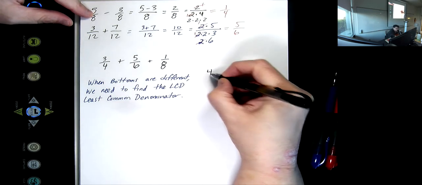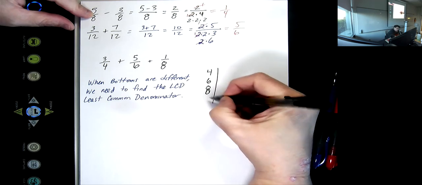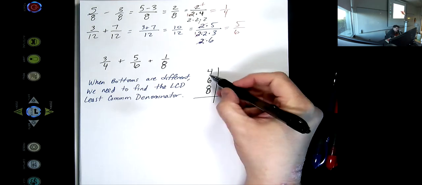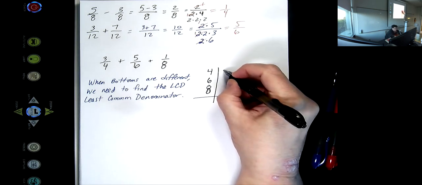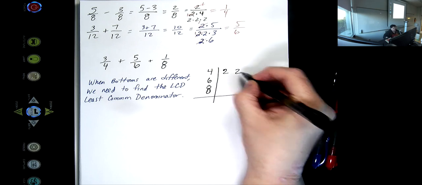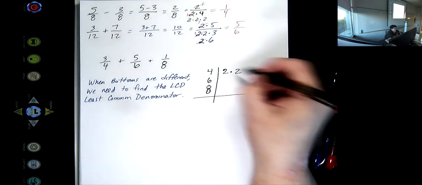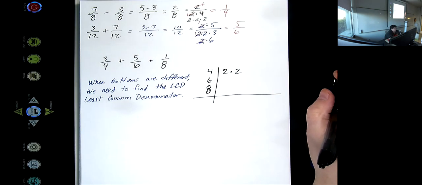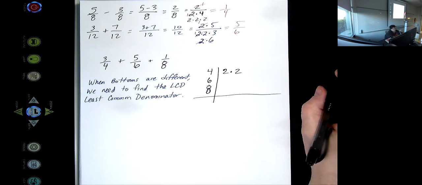What I'm going to do is write down what the three denominators are. And I'm going to just start off and factor them one at a time. 4 is 2 times 2. Now, when I do the second line, if I have a factor that appears in the top line, I'm going to write it below it. And if it doesn't appear in the line above it, I'm going to make a new column.